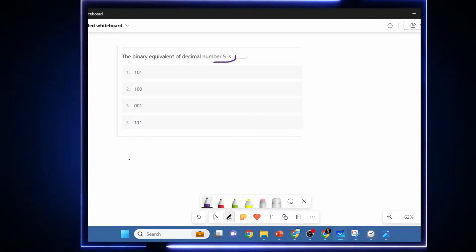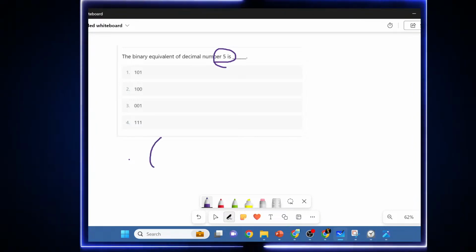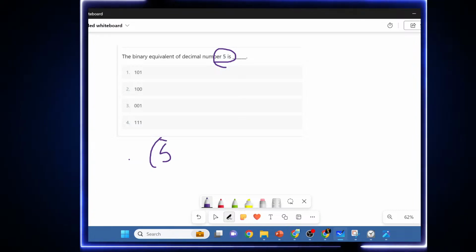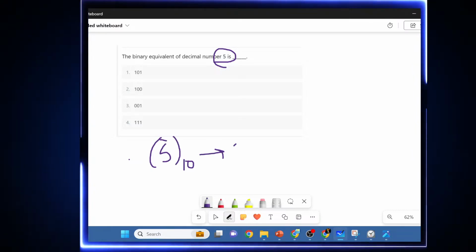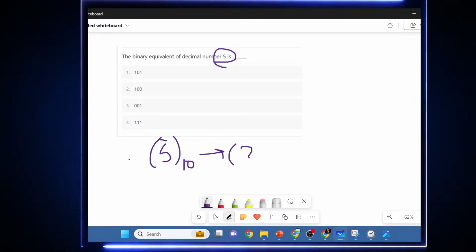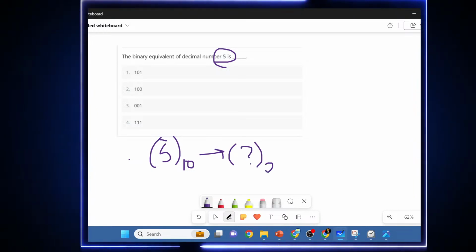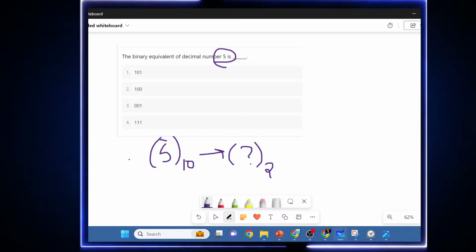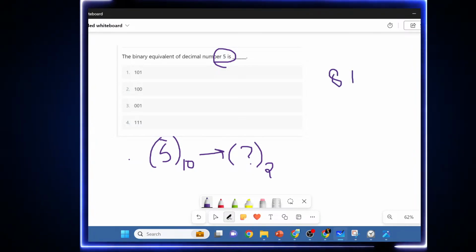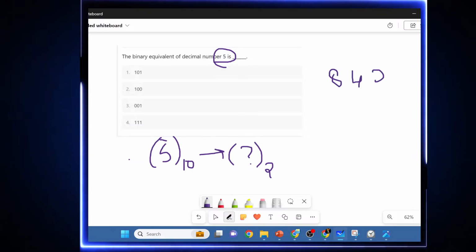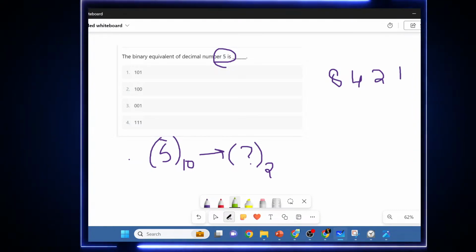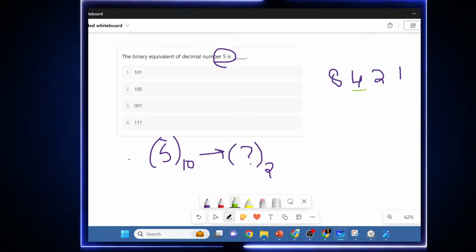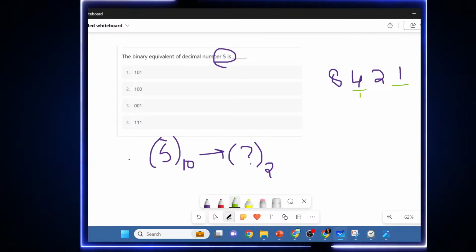How do you solve it? We need to convert the decimal number 5 to its binary equivalent with base 2, right? So simple, I'm giving you a technique, the 8-4-2-1 technique. You need to identify the digits which sum up to 5. So 4 plus 1 sum up to 5.